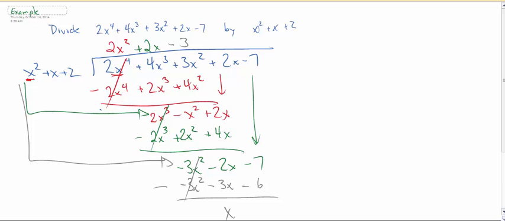We're left with x minus 1. So our division is equal to 2x squared plus 2x minus 3. This thing at the bottom is the remainder, and the way we should write it is plus x minus 1 over x squared plus x plus 2.